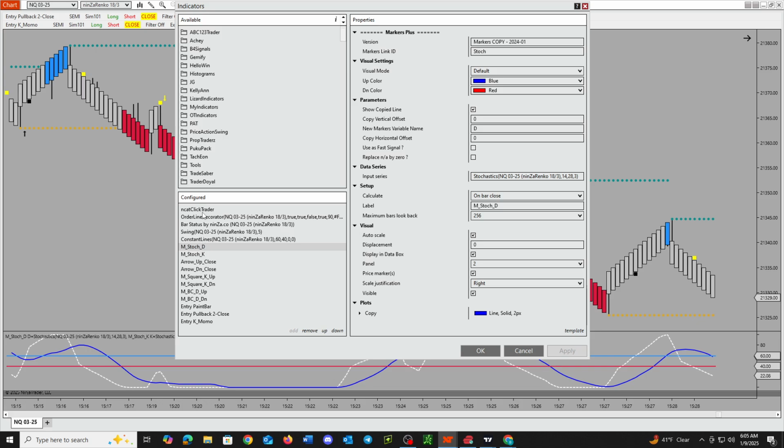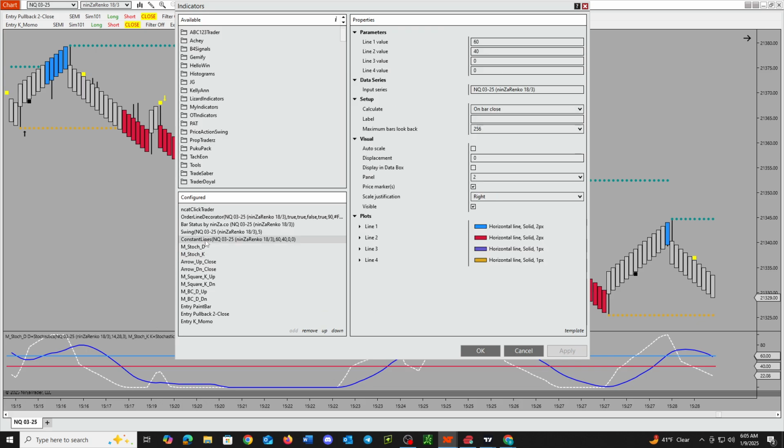You can see in this indicator template here, there's not a stochastics indicator, but there's a stochastics indicator right here in my pane. That's because I'm using markers to copy this. The %D, %K, and that's what you're seeing here. Well, in markers, there are no threshold levels, so I have to use the constant lines that's in NT8.